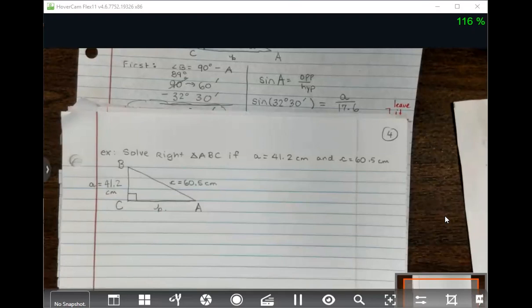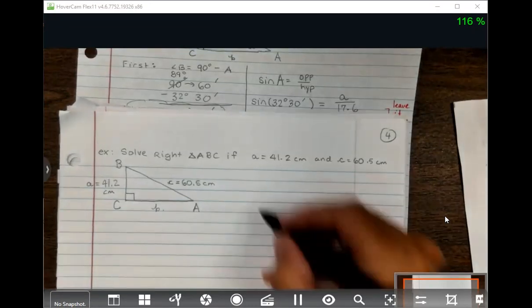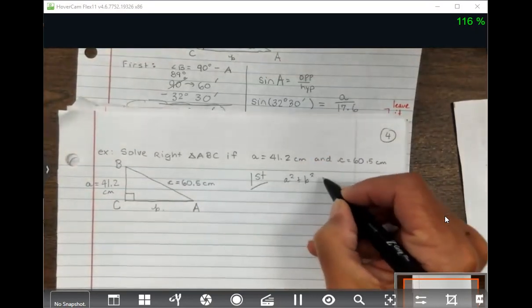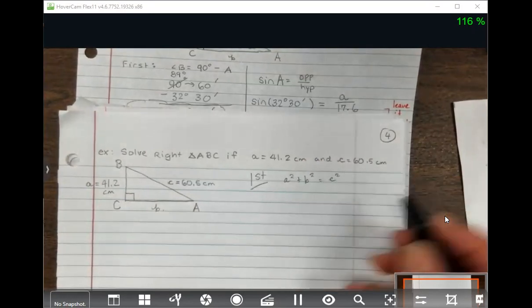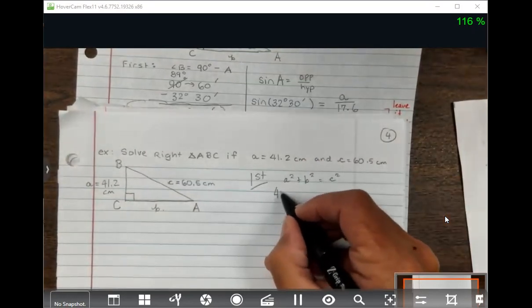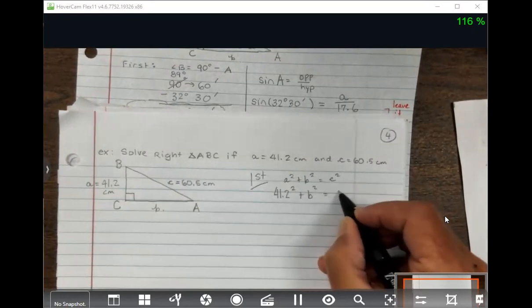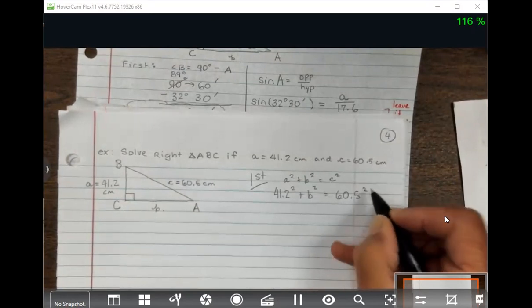So this time, let's set up the Pythagorean theorem to get that little lowercase b. A squared plus b squared is c squared in our pictures. So let's go ahead and start there. I have 41.2 squared plus b squared is 60.5 squared.